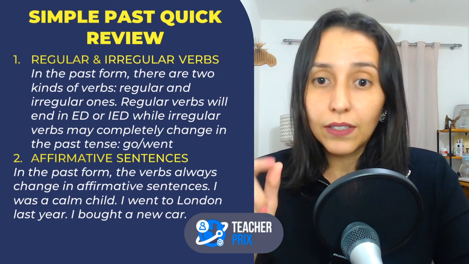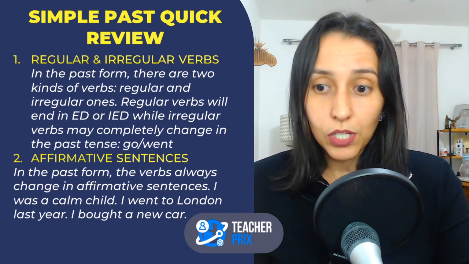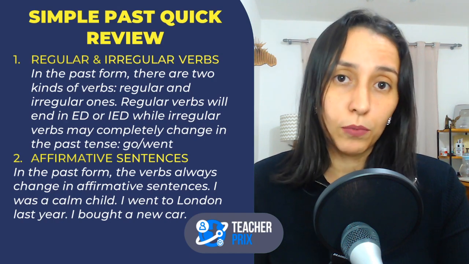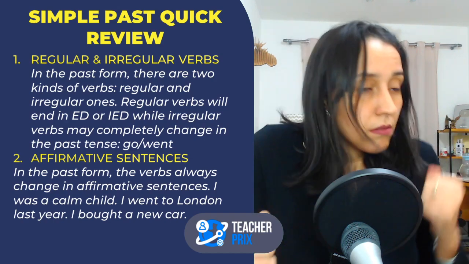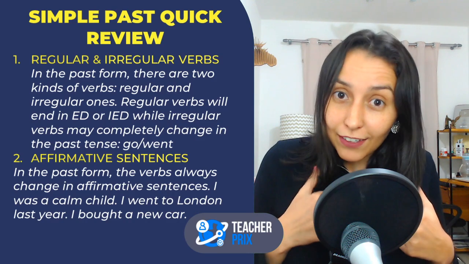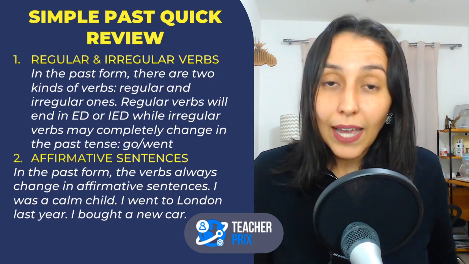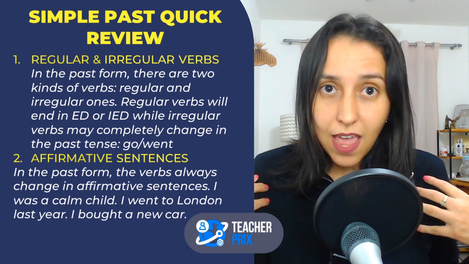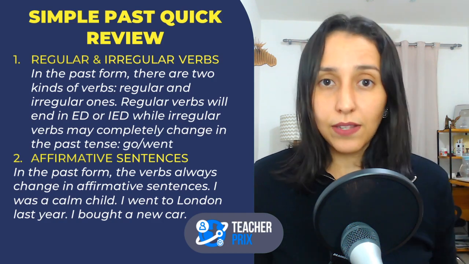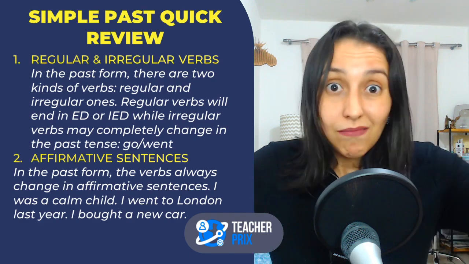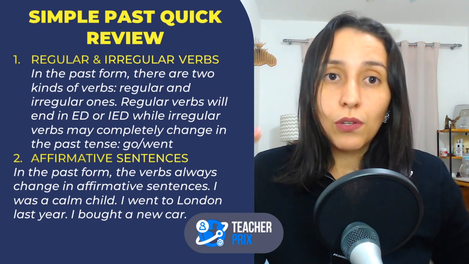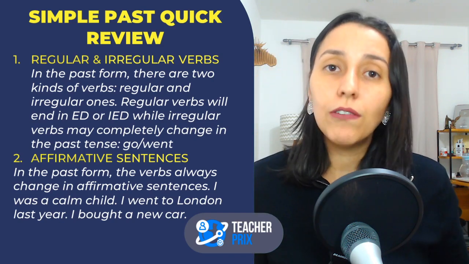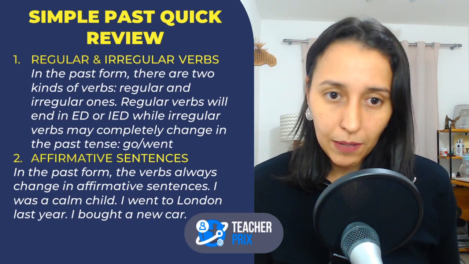So if you believe the verb run is important to you, then you have to study the past of the verb run. To run is important to me, okay? Because I like to run. I run 4 times a week. So when I describe my day, I can say I ran yesterday because I did that activity. So think of the verbs that are important to you. And that's how you start your list, okay?